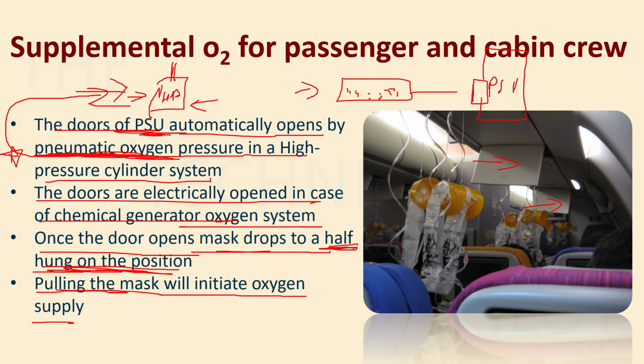So once you pull the mask, then only the oxygen will start. If the mask is dropped and no one is using it, the oxygen will not just go waste, right? Once you pull it towards your mouth, then only the oxygen will start to come through those pipes. So this is supplemental oxygen for passengers and cabin crew.